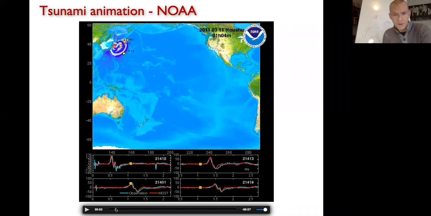Now, you have to know one thing here: what you see in the bottom panel is the comparison between pre-computed time series and recordings. Of course, we are not perfectly matching, but in terms of maximum height and maximum arrival height, they are very good. Now, these time series have been computed by NOAA, the US agency devoted to tsunami hazard, in cooperation with Japan and many other countries like Australia and Chile, for the Pacific tsunami warning.